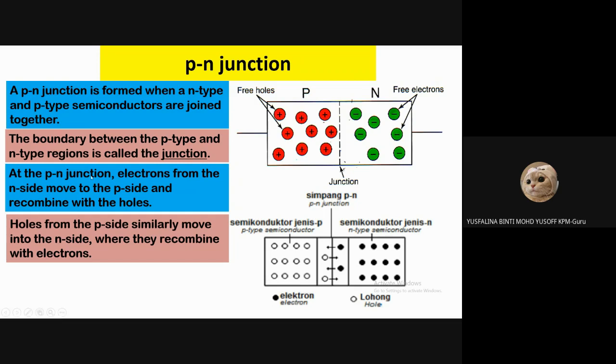So at the p-n junction, the electrons from the n side, from this side, n-type, you know that the n-type semiconductor consists of many free electrons, right? So they jump to the p side to recombine with the holes, meaning they fill the holes here.